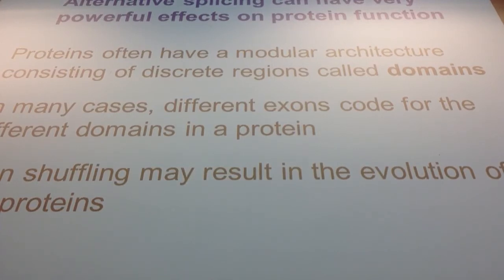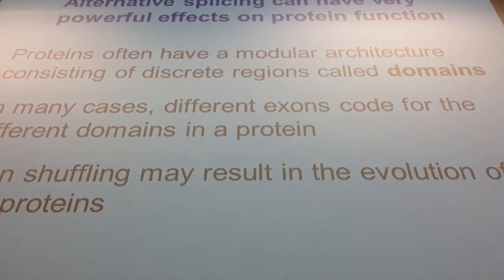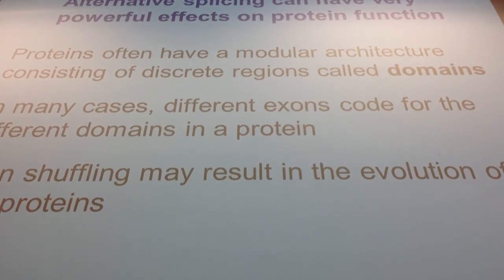So let's say you have a protein that contains 10 exons, right? And it has 2 domains, a binding domain and a catalytic domain. Then the binding domain would be dictated by exons 2, 3, and 4. And then the catalytic domain is embedded into exons 8 and 9.